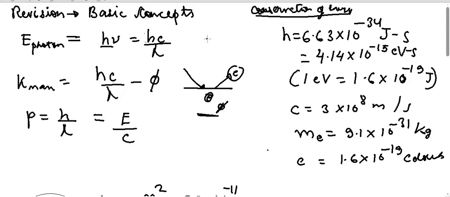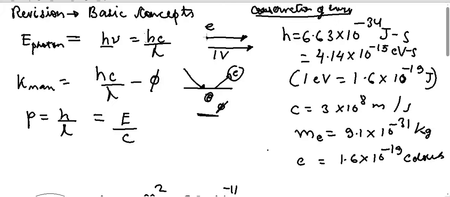It is the energy which an electron will gain if it accelerates through a potential of 1 volt. If the potential difference between these two points is 1 volt and I release the electron, it will be attracted or repelled by the potential difference, depending on the sign of the potential difference.